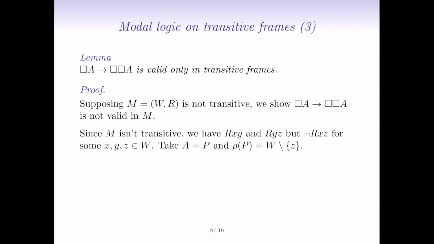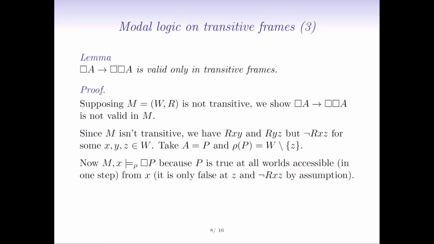The reason I'm doing that is because when something's not valid, it usually fails already for the propositional case, and because I'm free to choose the interpretation of my proposition, and I can play various games. So I'm going to take the valuation of the proposition P to be the whole set of worlds except Z. So basically, the proposition P in my valuation is true at all worlds in the frame except for the world Z.